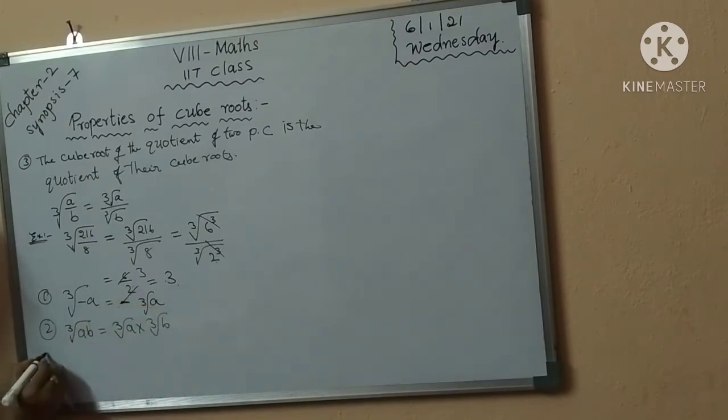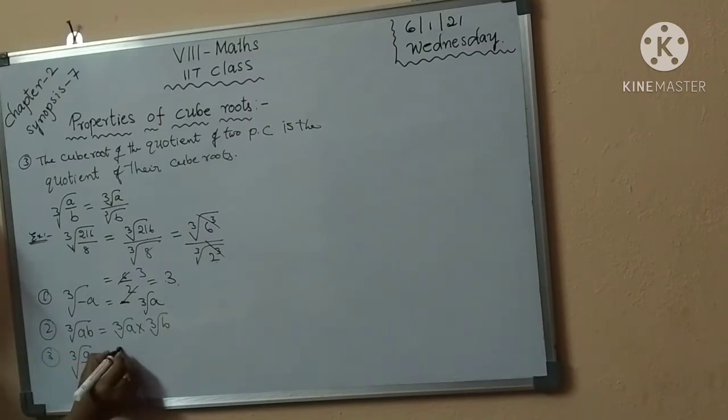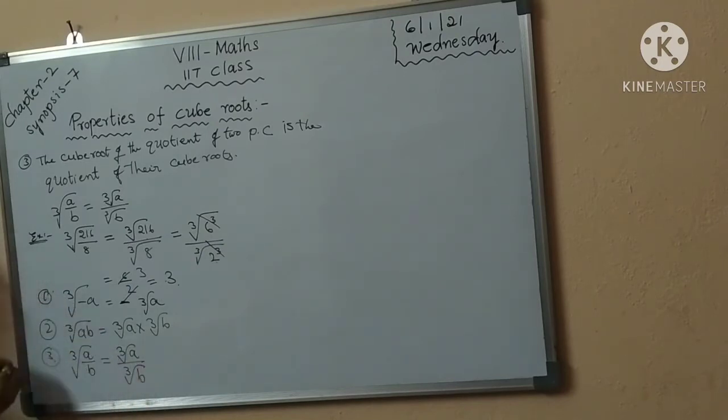The third one, cube root of a by b equals cube root of a by cube root of b. These are the three properties of cube roots. Okay children?